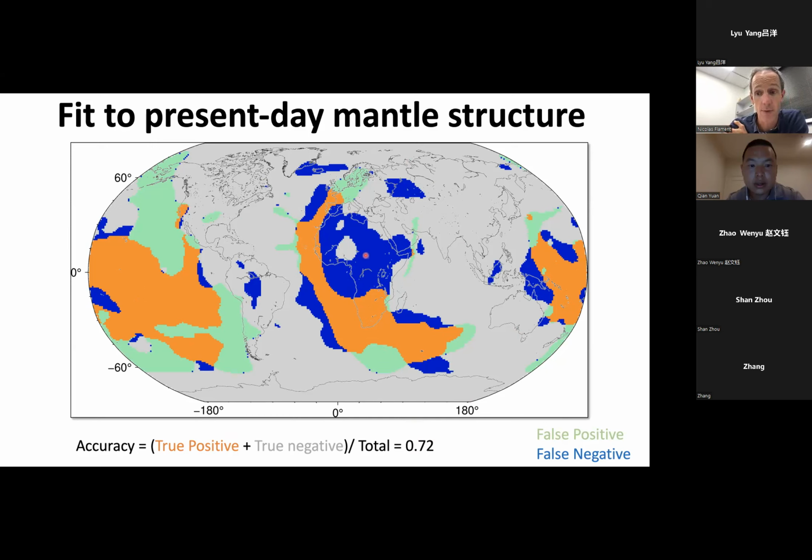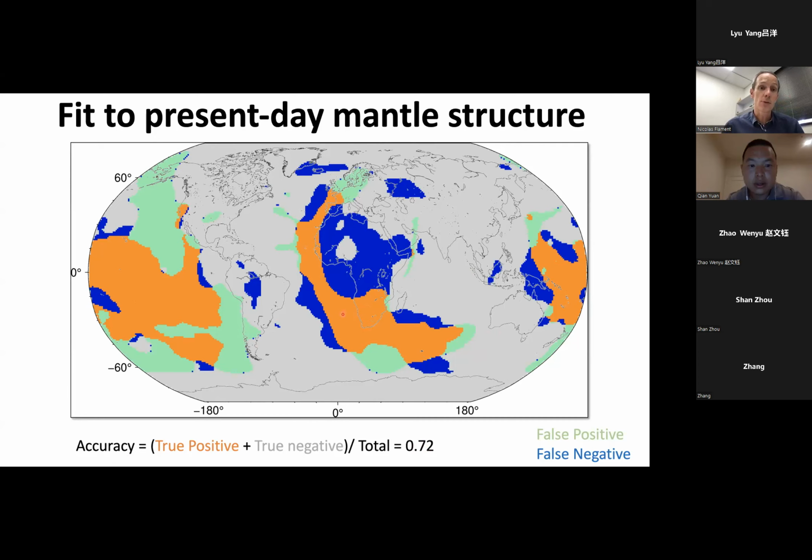And a false negative is where the flow model doesn't predict a blob, but the tomographic model predicts a blob. So other indices exist. I've used the accuracy that's driven up by the gray. One could use the sensitivity that focuses on orange, green, and blue, I believe, and the results would drop to closer to 50%, but the trend between models would remain the same.